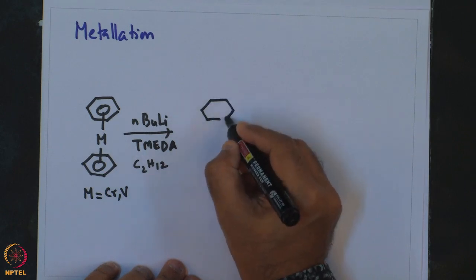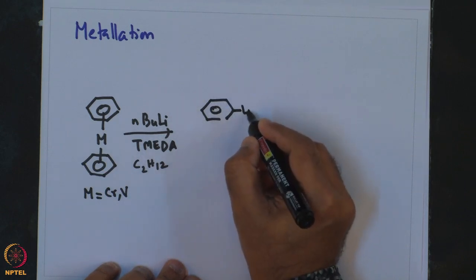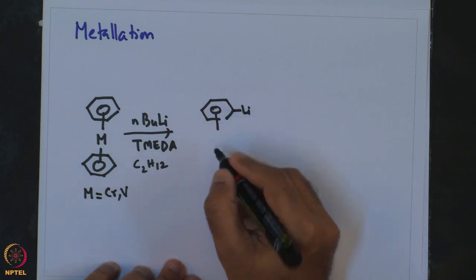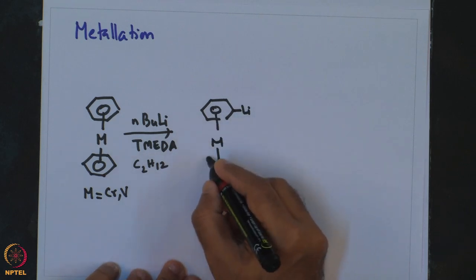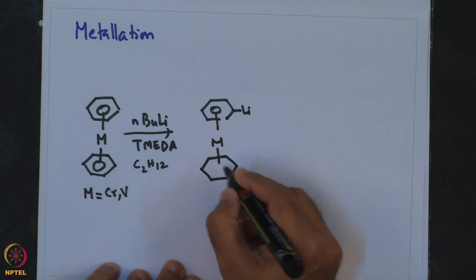This gives this dilithiated product with lithiation occurring in each of the two rings.